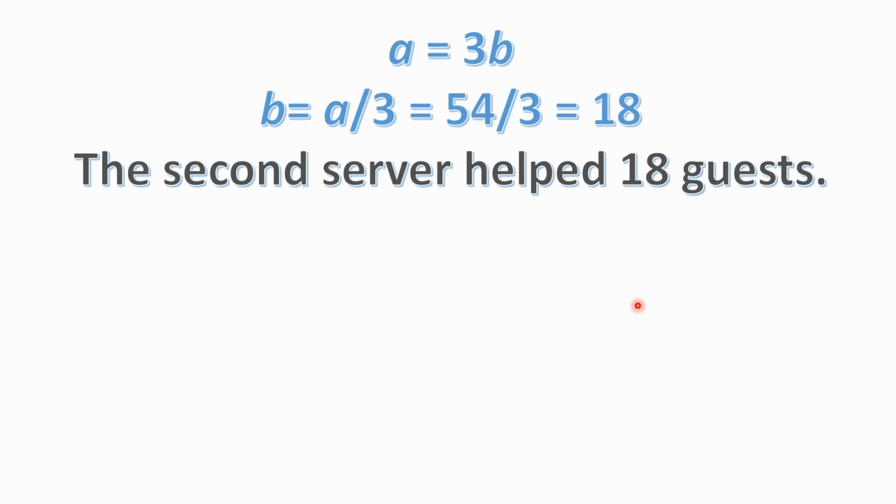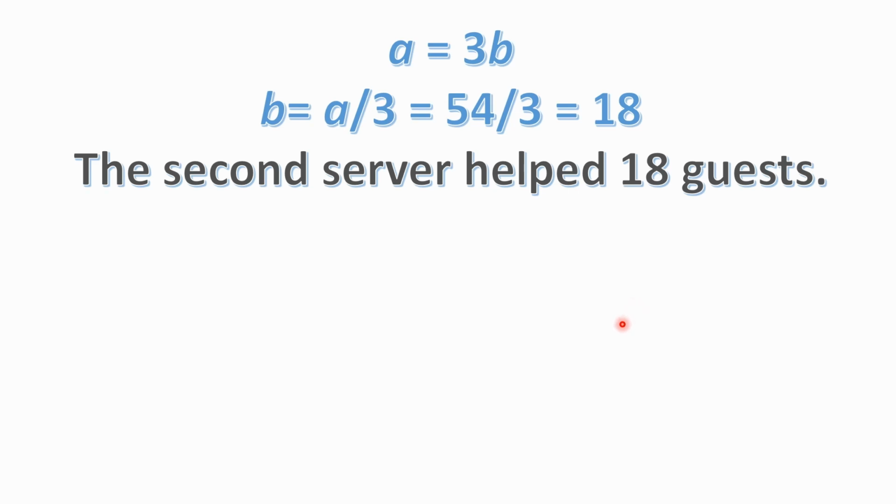We want to solve for B: how many guests did our second server serve? If we divide both sides of the equation by 3, that leaves us with B equals A divided by 3. We already said that A was 54, so 54 divided by 3 is 18. The second server helped 18 guests.